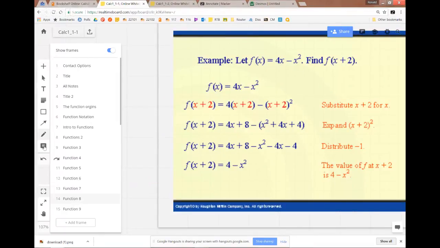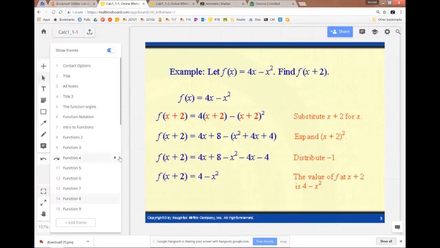Let me undo that. Back to my arrows so I can move this around a little bit. You can also plug in an expression like f at x plus 2. F of x plus 2 means I literally have to substitute an x plus 2 in place of x. So wherever there was an x, and there was an x in two places in the original up here, I placed in an x plus 2.